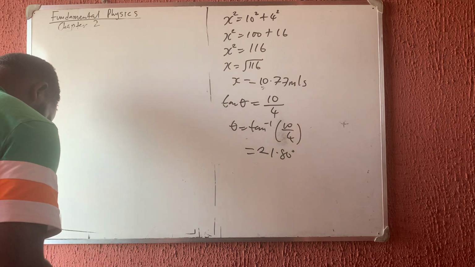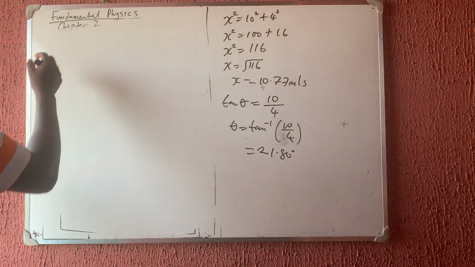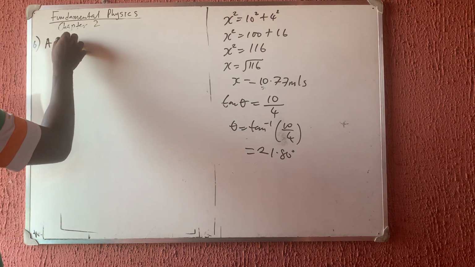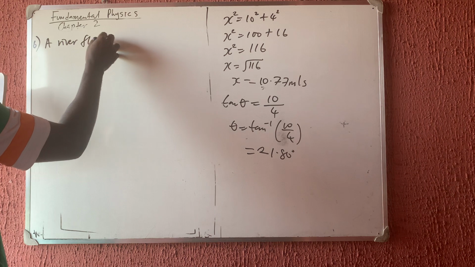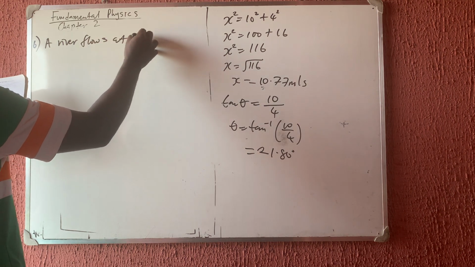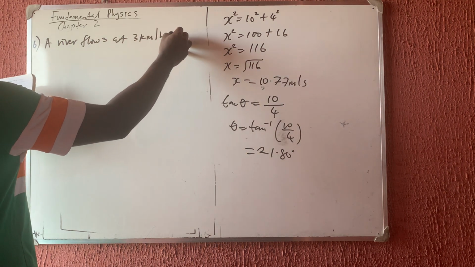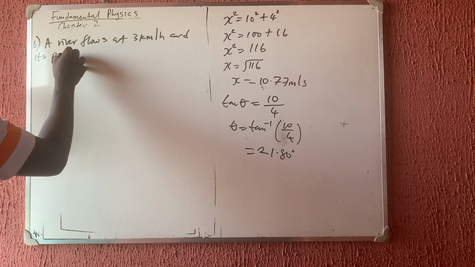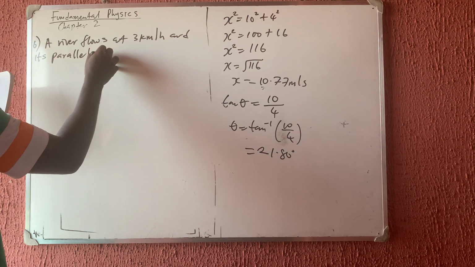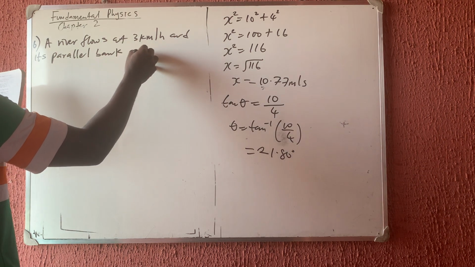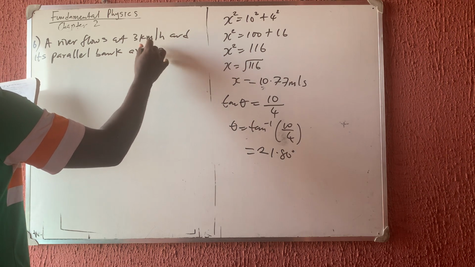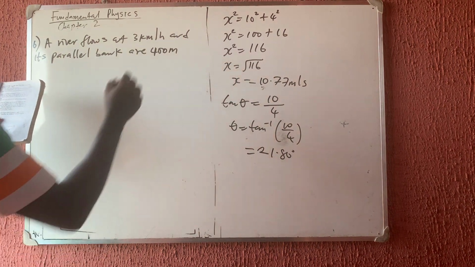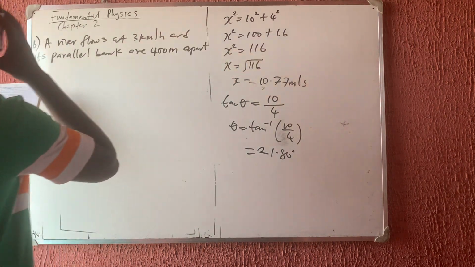Question number 6 said a river flows at 3 kilometer per hour and its parallel banks are 400 meter apart.